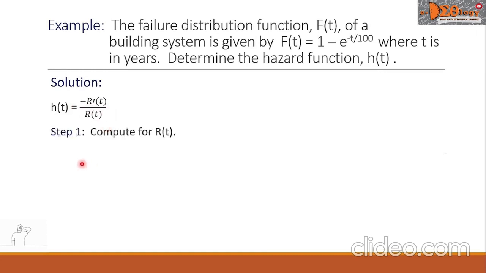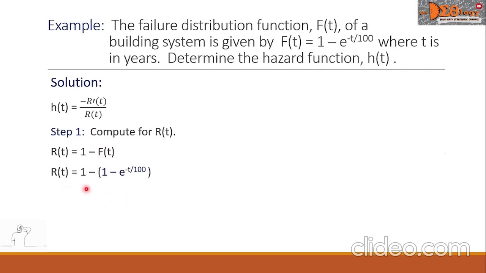So for step 1, let us compute for capital R of t. Given the f of t here, we have the simple formula r of t is equal to 1 minus capital F of t. This value of capital F of t is given here. Let us substitute this value in the formula. So it will be like this.